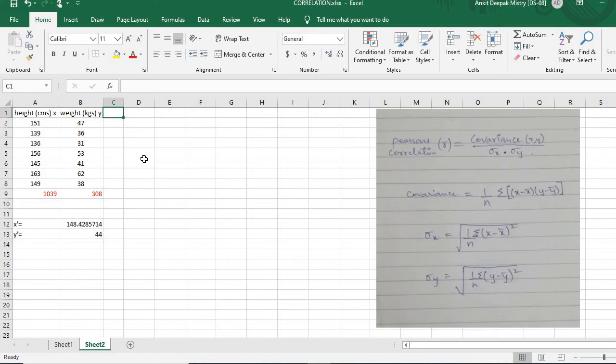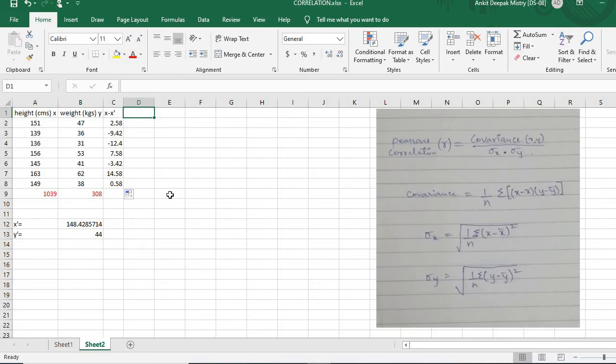The next thing we would do is find x minus x bar. To do that, the method would be to take the x value and subtract 148.42, that is our mean. Let's limit it to 2 decimal places, and if we drag this formula all over it, it will just copy the formula and do the computation on itself.